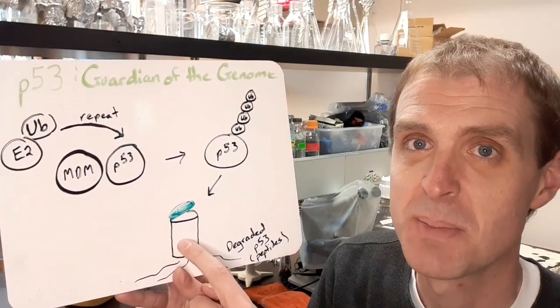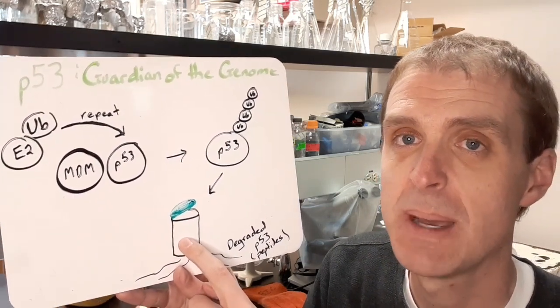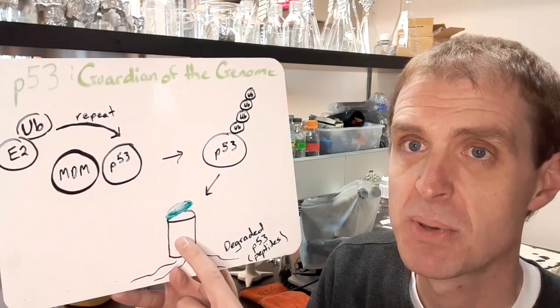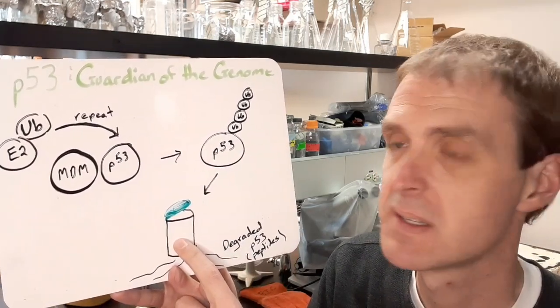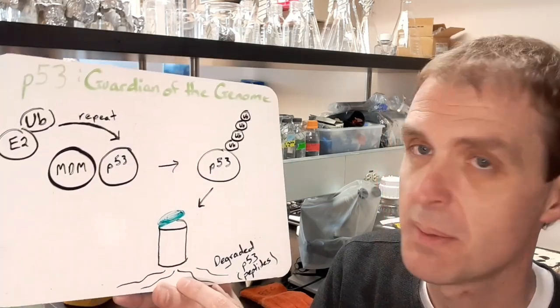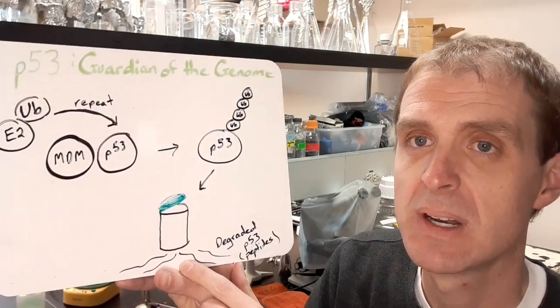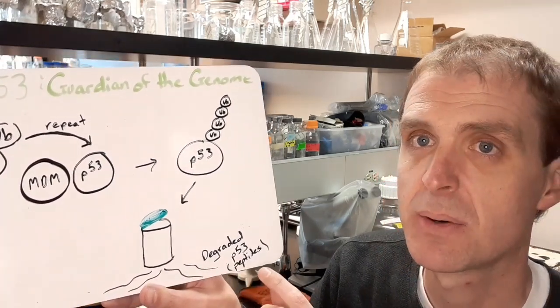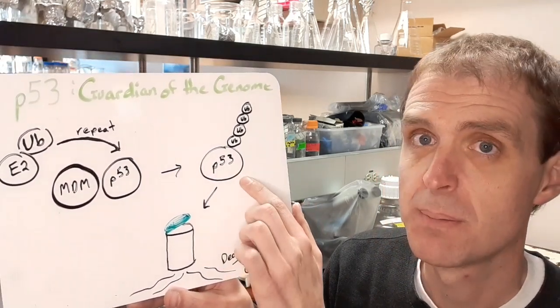And now I'm going to change my analogy from a soup can to a paper shredder. The p53 gets shredded up by those proteases that are part of this soup can, and out the bottom you get broken down pieces of p53 coming out. So that's degraded p53. Proteins are polymers.